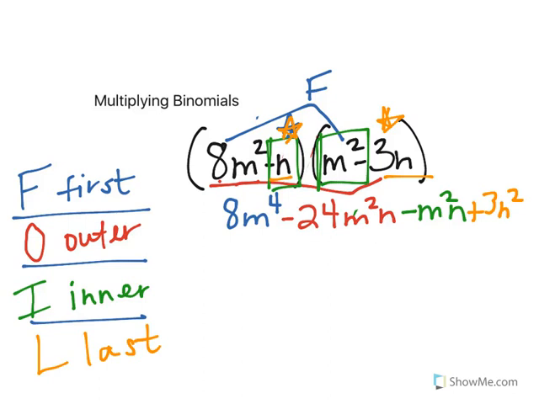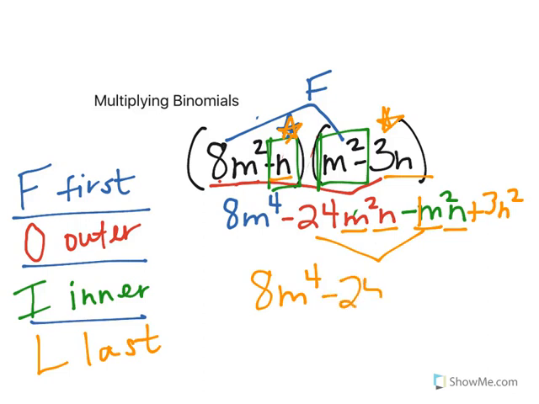Okay, now I can combine what's the same, which is the middle. This actually has an imaginary 1 right there. They're the same because you have an m squared and the n next to each other. And we already know that the outer and inner are the same. So I'll have the 8m to the 4th, which I can't do anything with because I don't have another m to the 4th power.